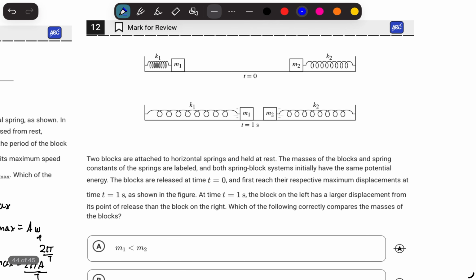So we know they start with the same spring potential energy. So what that means is that you have U is equal to 1/2 kx squared, and your max displacement is at t is equal to 1 second. So that means your left has a larger displacement. So let's look at the time to reach the max displacements.